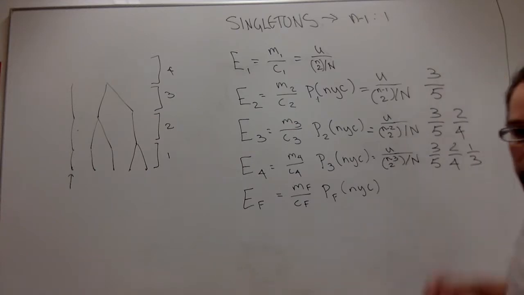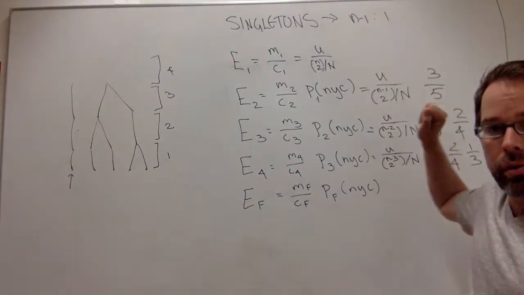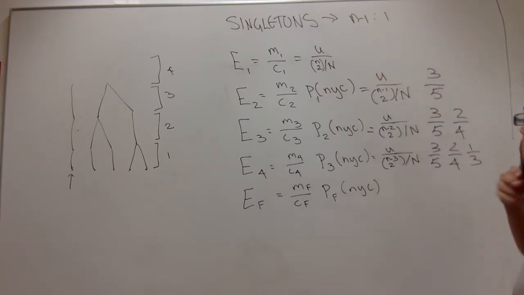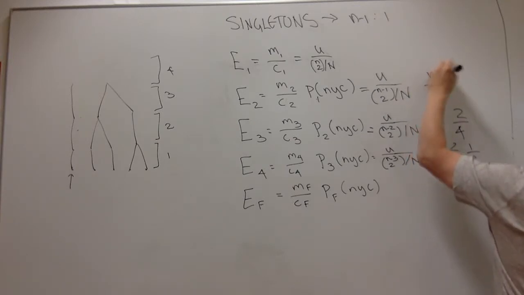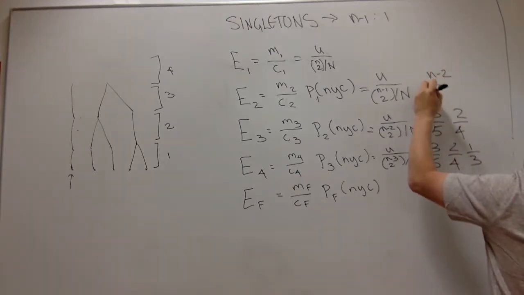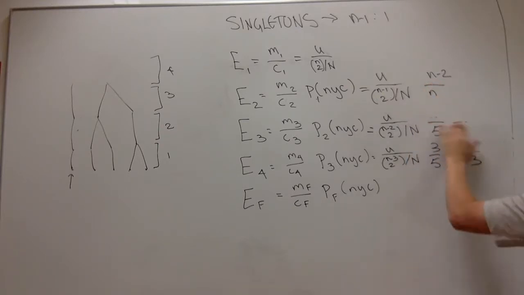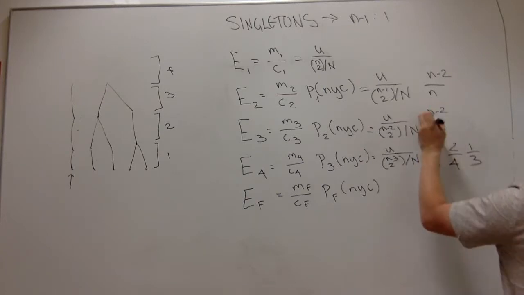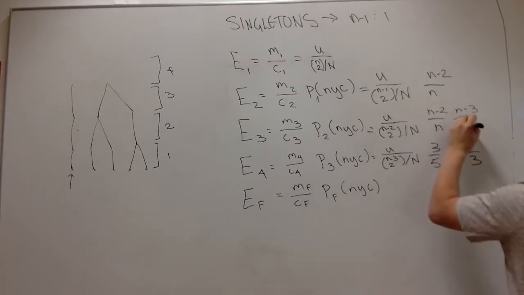Actually, let's systematize this. Let's recognize that 3 is n minus 2, and 5 is n. So here we have n minus 2 over n times n minus 3 over n minus 1.